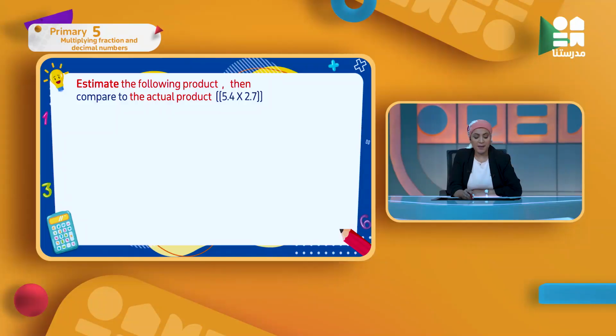Now, estimate the following product, then compare to the actual product. Here I will estimate. To estimate is to guess. I will guess. 5.4 and 2.7 is really close to what? 5.4, let's guess.